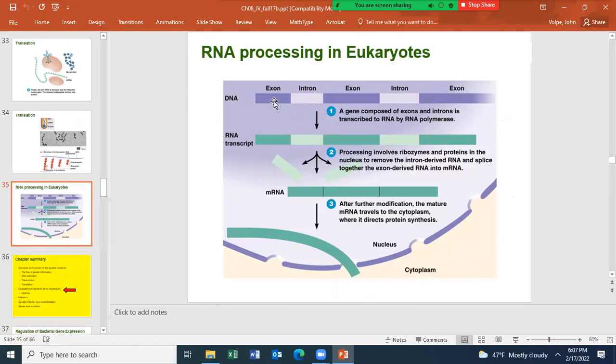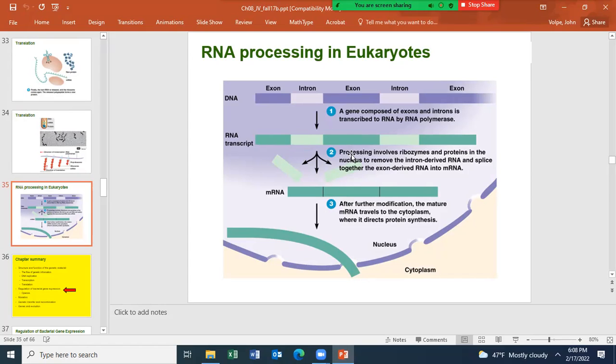The region of a gene that codes for the protein is called an exon. When the RNA is transcribed, both the exons and the introns are transcribed. And before this RNA can leave the nucleus, the introns have to be removed. We call it that the introns are spliced out. That means they're cut out.